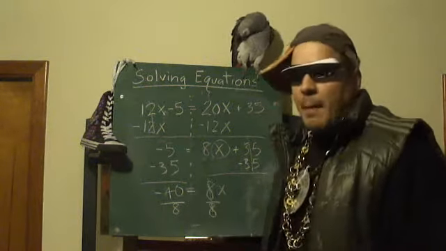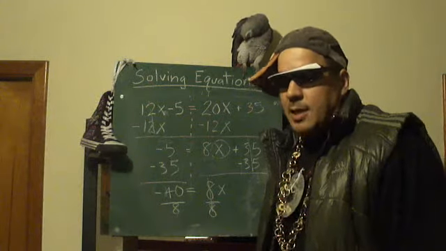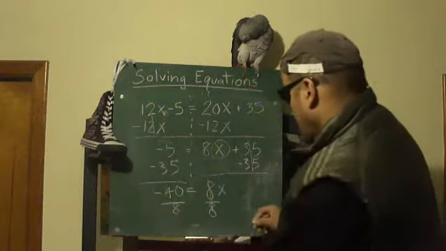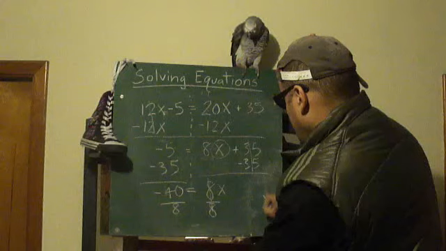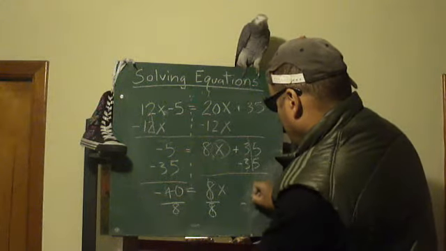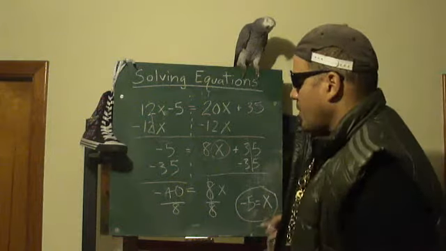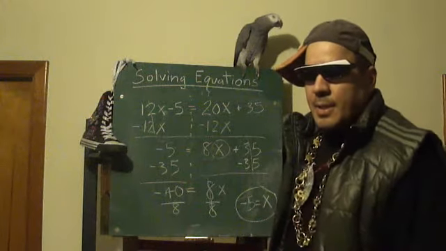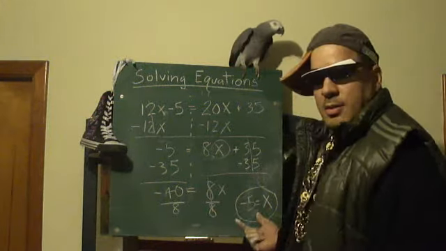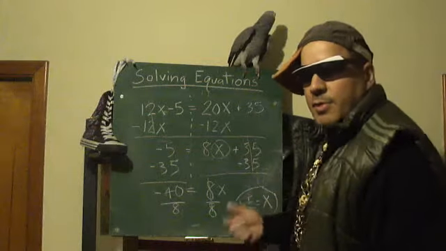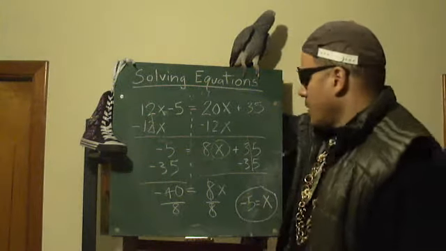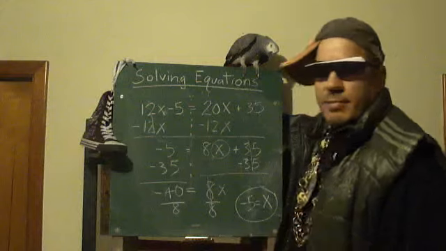What's a negative divided by a positive? Okay? It's a negative. So your answer is x equals negative 5, or negative 5 equals x. But you can read equations from the right to the left or from the left to the right. Okay? It's okay to say x equals negative 5.